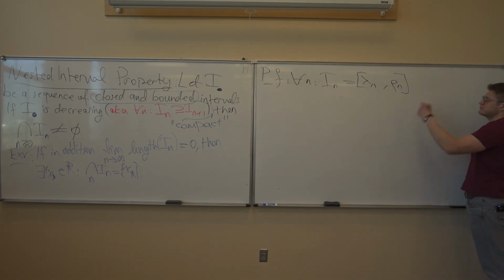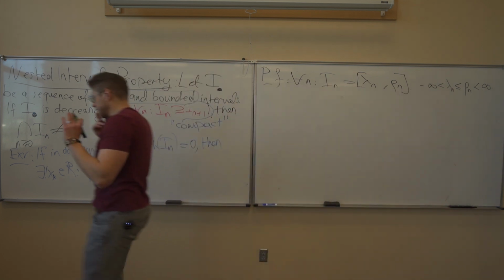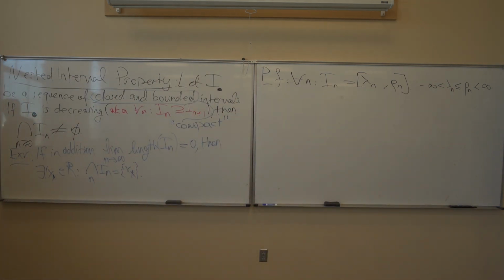Okay, and so I should really think of them like this, right? So lambda sub n is a real number. It's an actual number. Rho sub n could actually be equal to lambda sub n. It doesn't matter. But rho sub n is a finite number also.